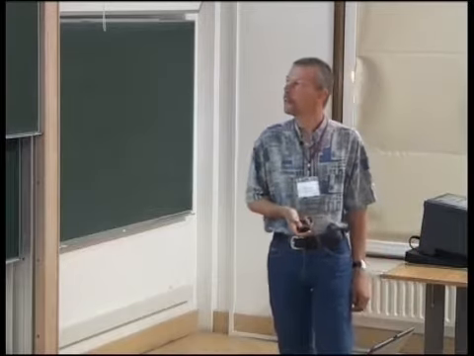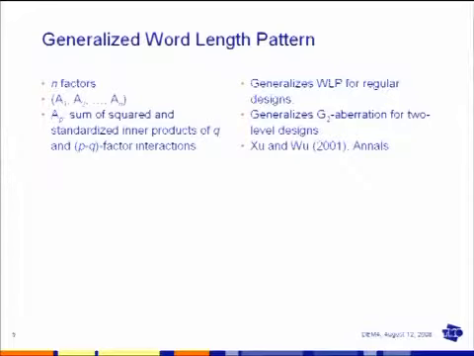So it greatly resembles the perhaps more familiar ordinary word length pattern of regular fractional factorial designs. And in fact, it is a generalization to any kind of irregular design.